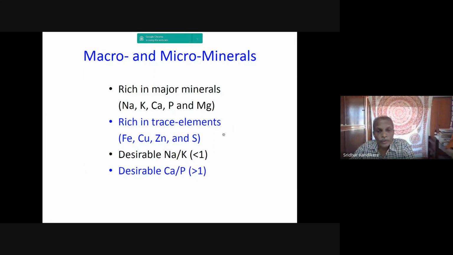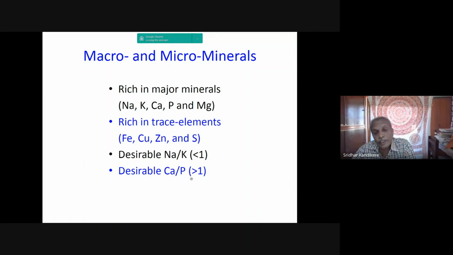And if you evaluate any mushroom, the sodium potassium ratio is very, very important. If the sodium potassium ratio is less than 1, it is advantageous because it is going to bring down the blood pressure in human beings. Similarly, a calcium phosphorus ratio of more than 1 is desirable because it is going to retain the calcium in our body, and the loss of calcium in the urine and the loss of calcium from the bone will be prevented.